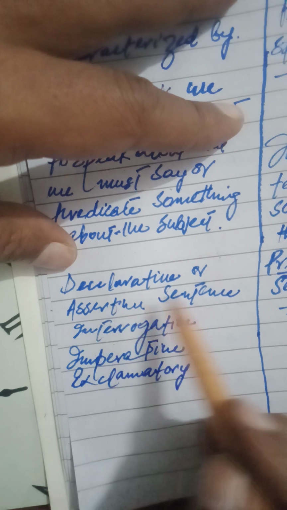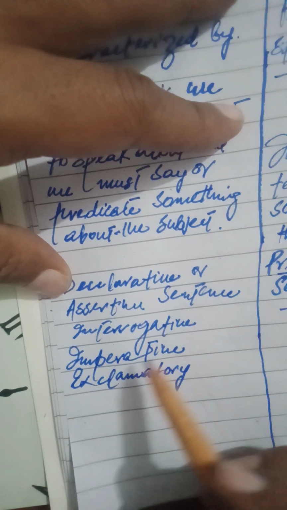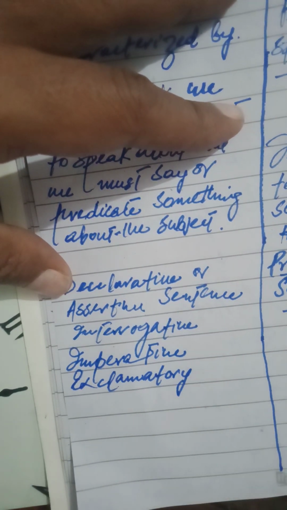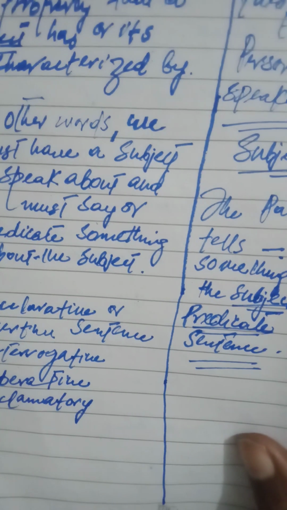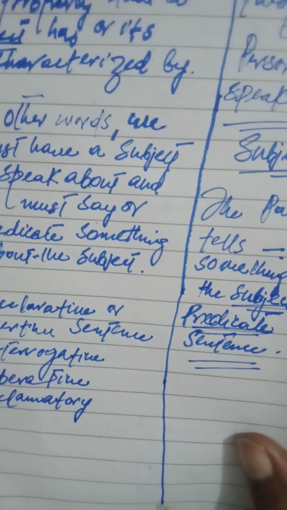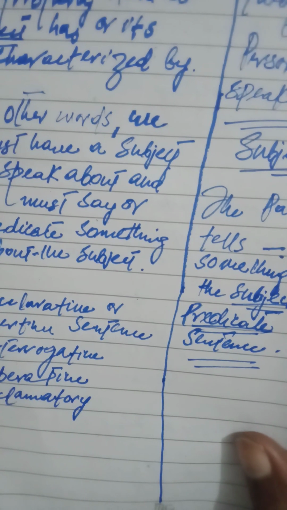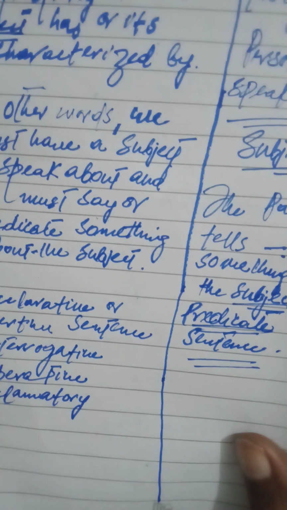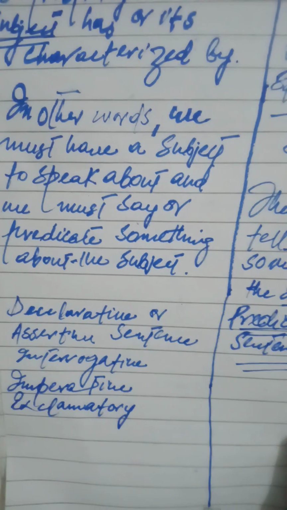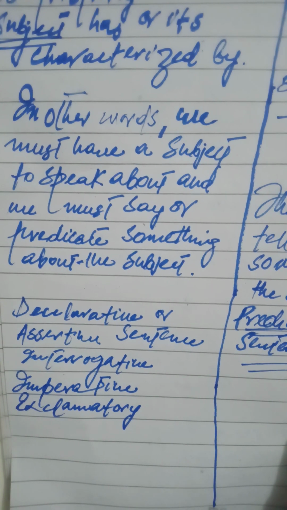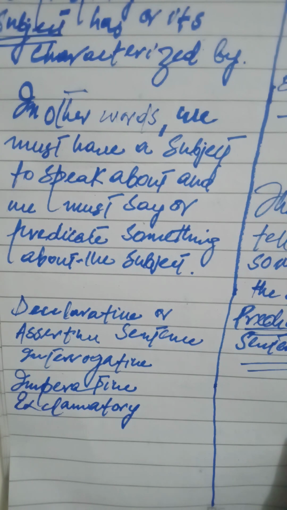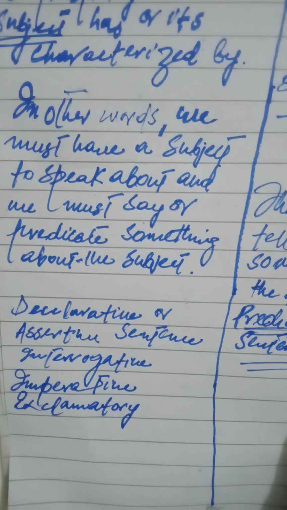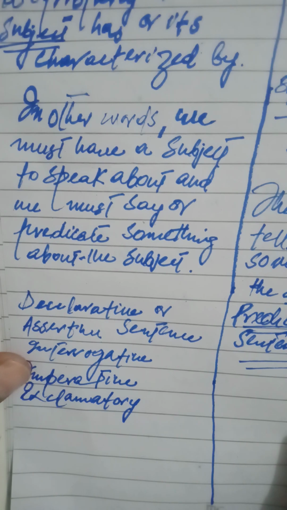Declarative or assertive sentences, interrogative, imperative, and exclamatory. So we'll further study this when we make the sentences. We'll try to separate the subject and the predicate as well, and we'll definitely differentiate among the sentences, like declarative sentences, assertive sentences, interrogative, and imperative or exclamatory sentences.